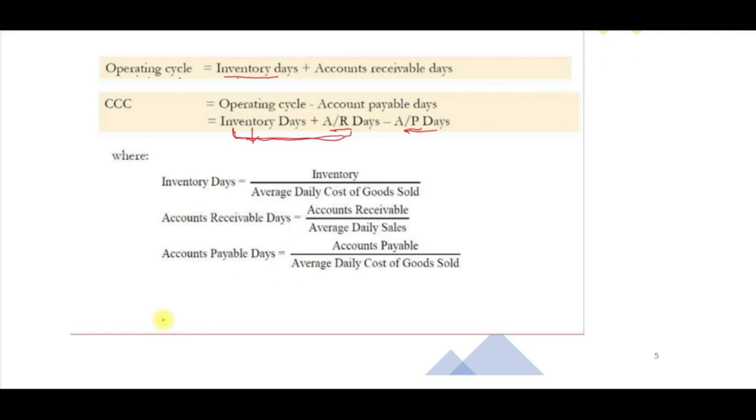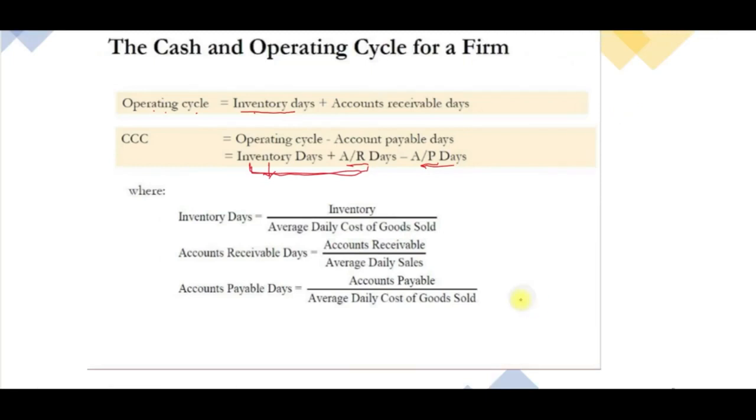Inventory days is inventory divided by average daily cost of goods sold. In other words, how many days a company keeps inventory before converting it into sale.